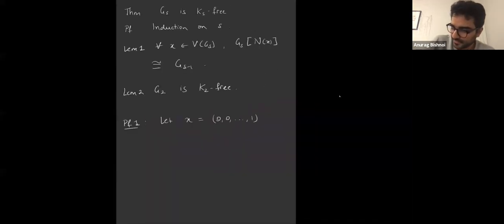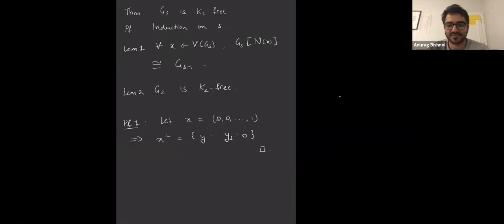So this implies that x perp is just all those y for which ys is equal to 0, and this implies that x perp is isomorphic to the graph induced on it. And that's it. I'm going to write it. Is that clear? So really we use vertex transitivity.